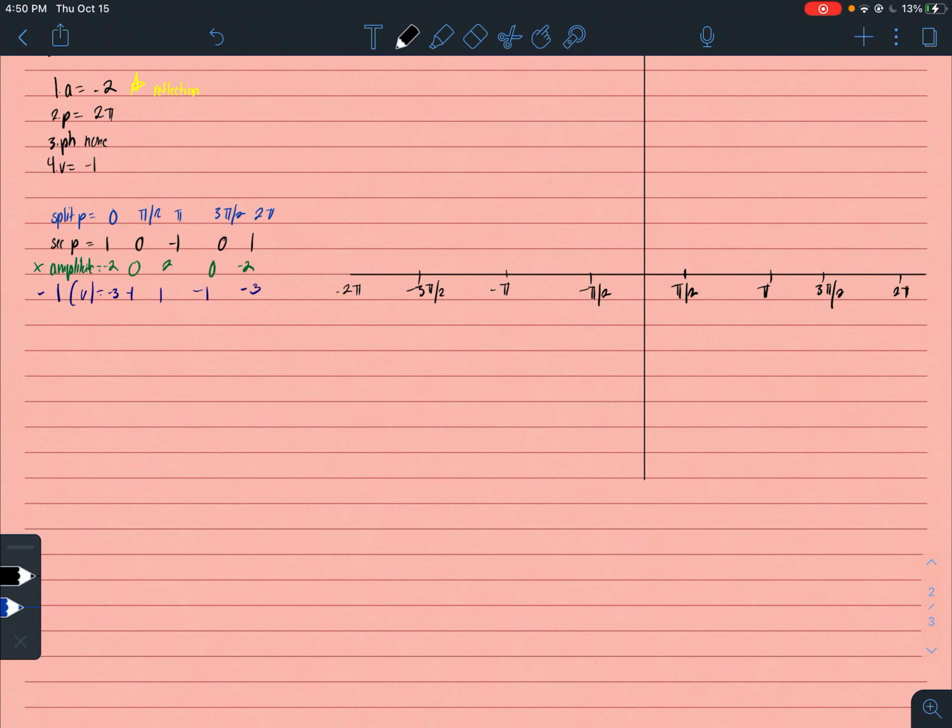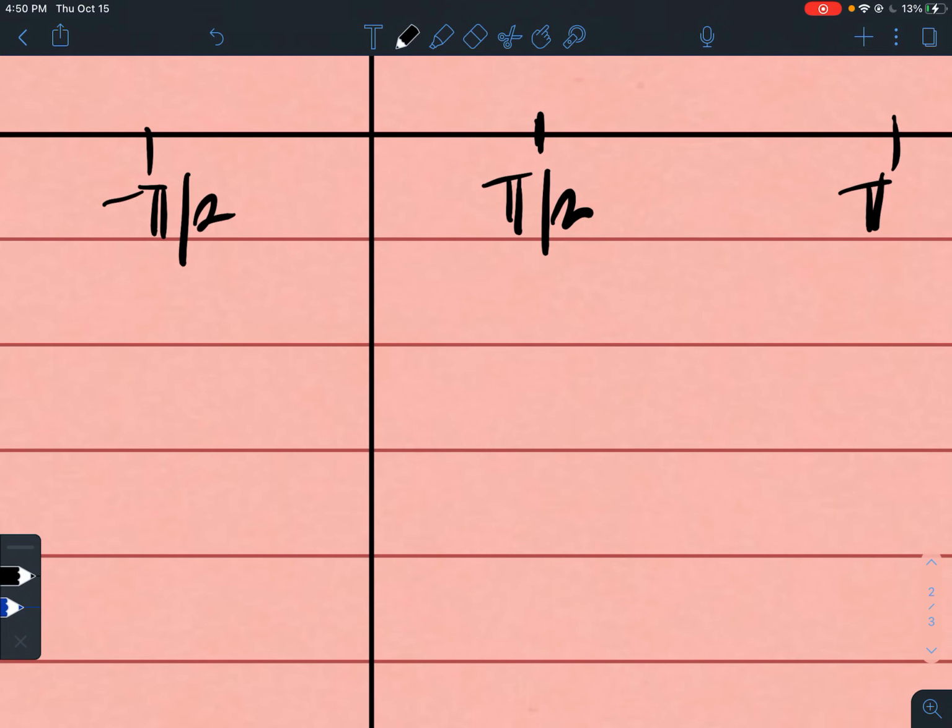So the first thing you want to do for these is start plotting. So immediately you can see that 0, -3.